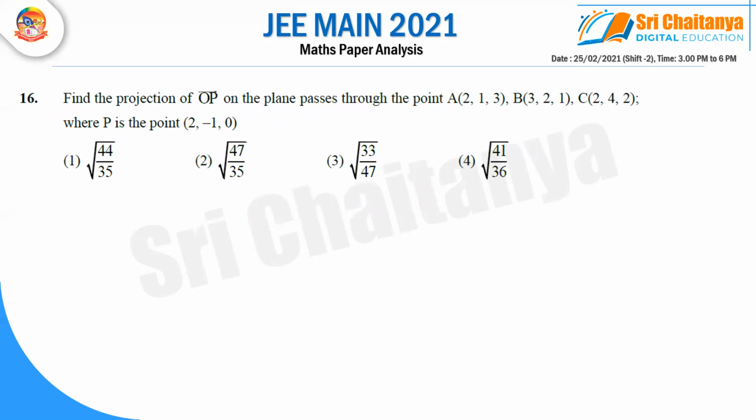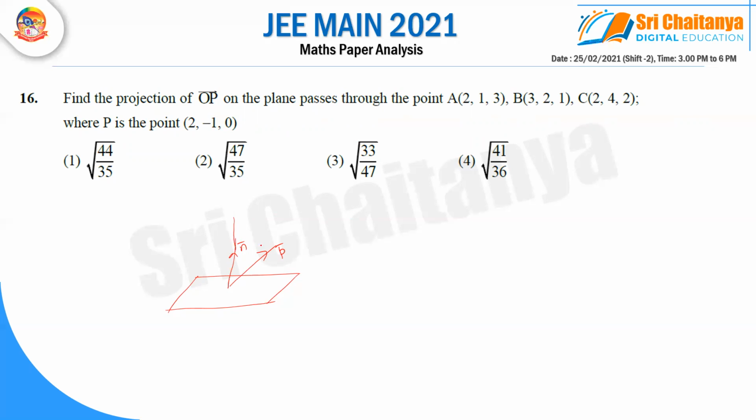Next he is asking to find the projection of OP bar on the plane passing through the given points, where P is the point. So here I can do one thing. Let's assume this is my plane. So he's asking OP bar. Okay, fine. Let us take it as some OP bar. I can find the normal vector.